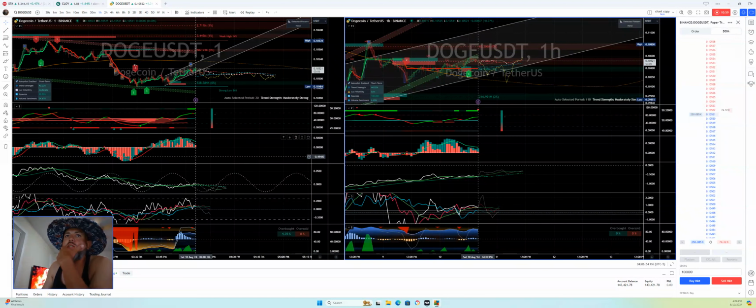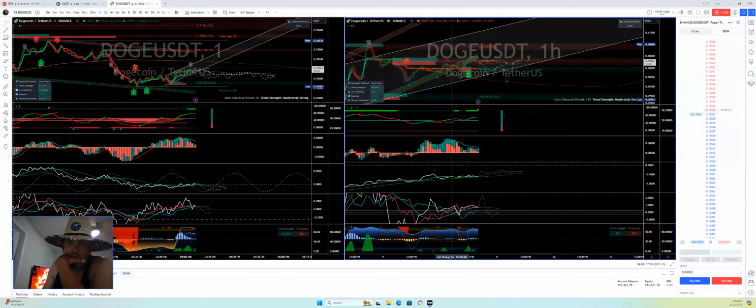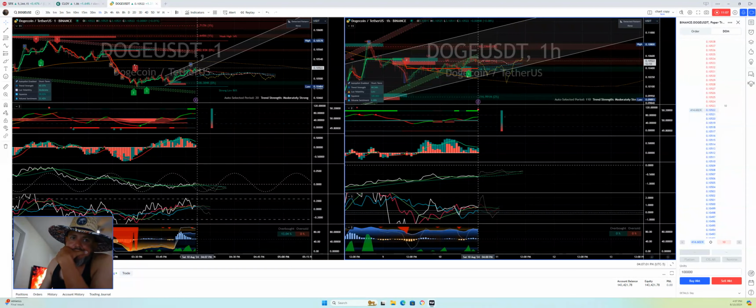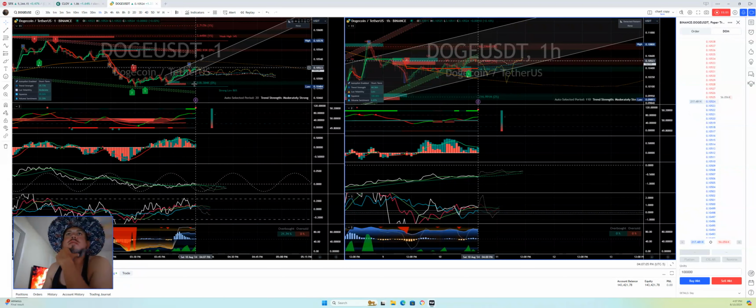Positive money flow coming here, but Bitcoin is starting to pump to the upside.